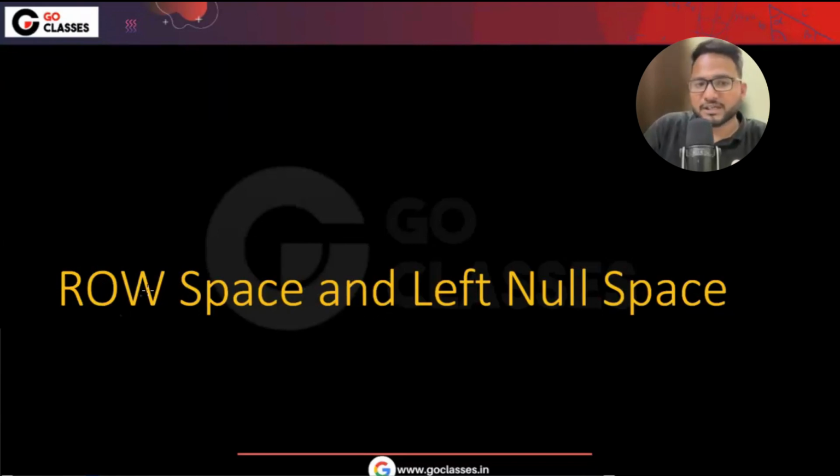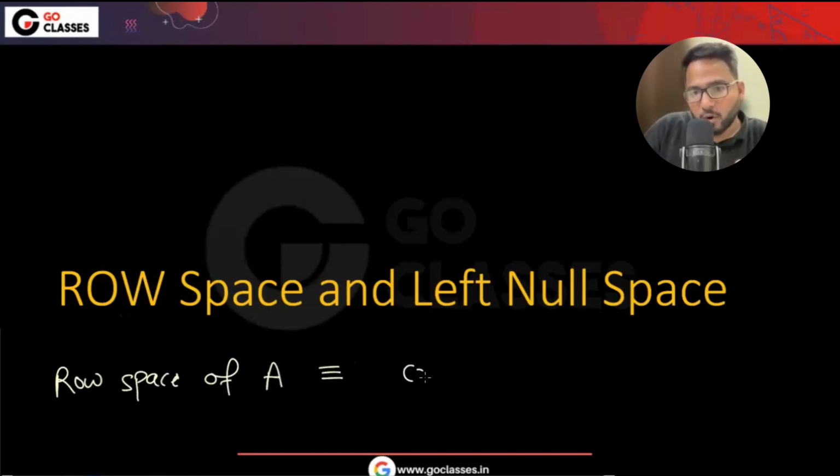Basically, these spaces are typically defined for A transpose. Row space of A is as good as saying column space of A transpose.